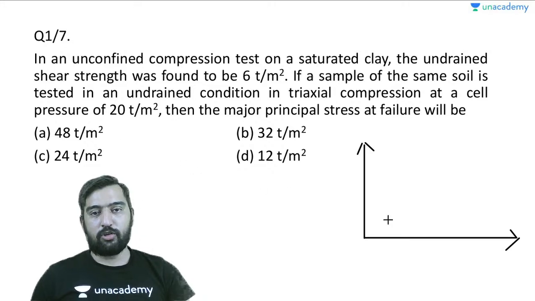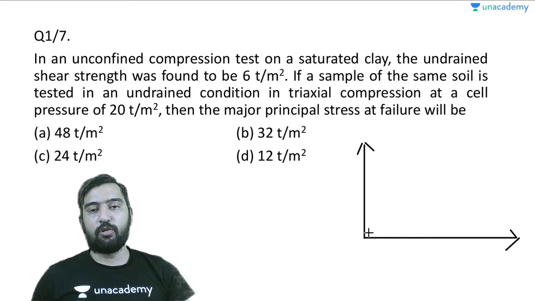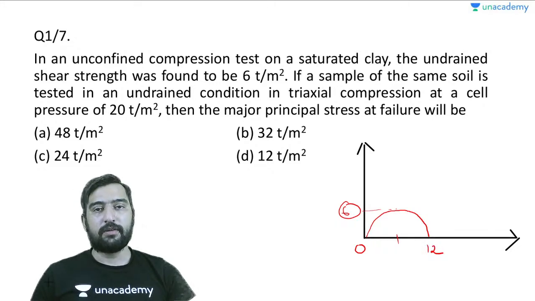Unconfined means no confinement, so sigma 3 is 0. Shear strength is 6, so this is 12, because shear strength is the radius of the circle.